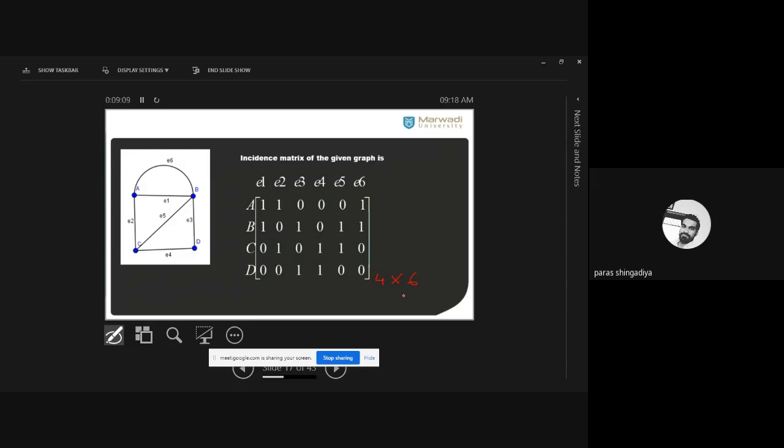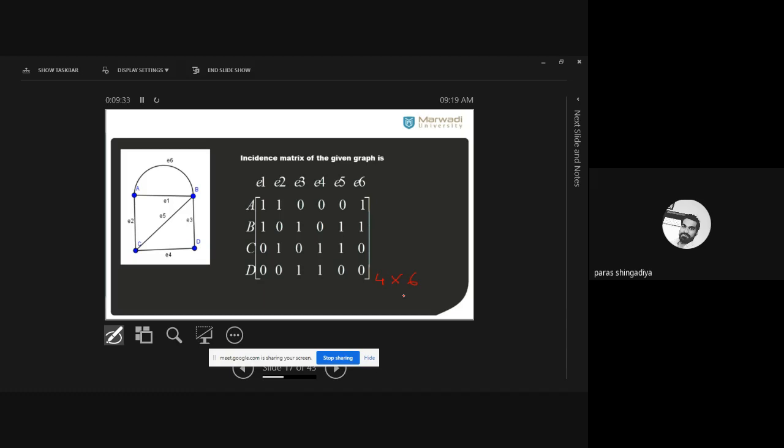Now how can we derive these 1s and 0s? Consider the first vertex and check its incidence relation with all the edges. So the first vertex is A. A and E1: that relation is known as the incidence relation. A is connected with E1.